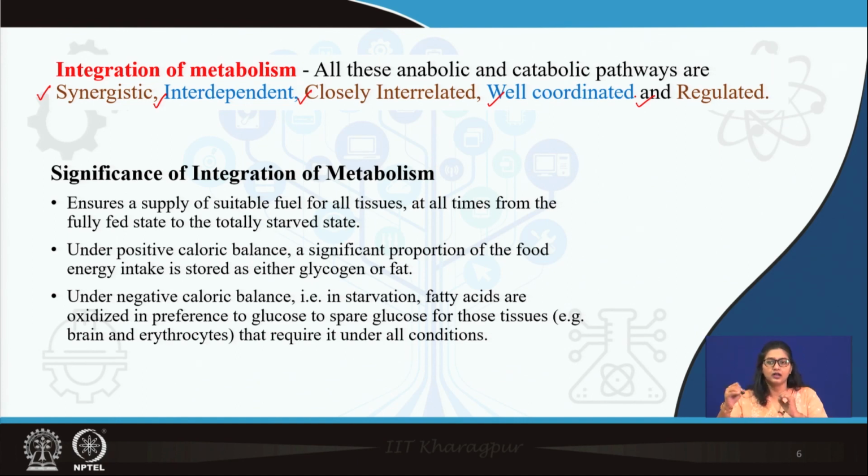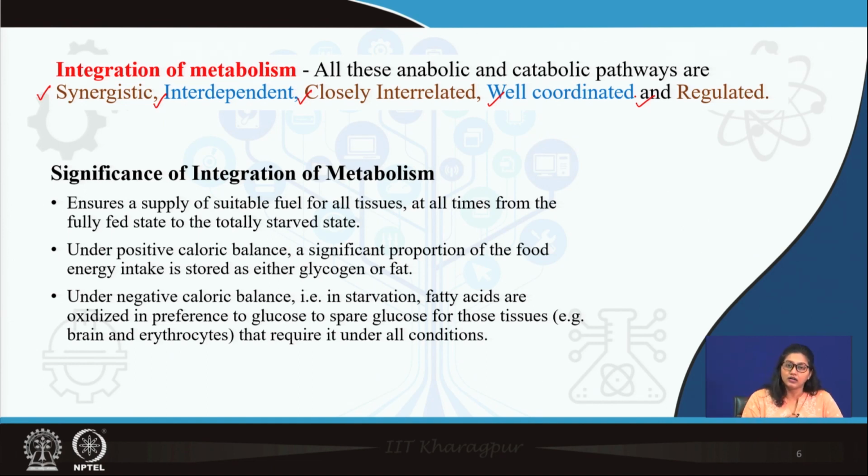Which tissue chooses which fuels, based on that the supply occurs at all times from fed state to starvation. This integration actually decides which fuel is to be supplied to which tissues and to which extent.